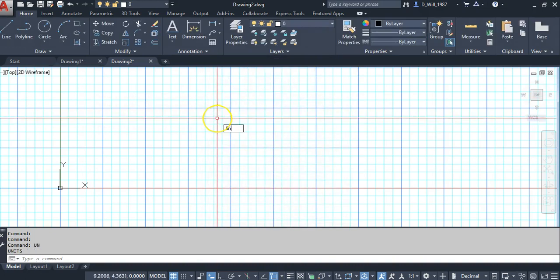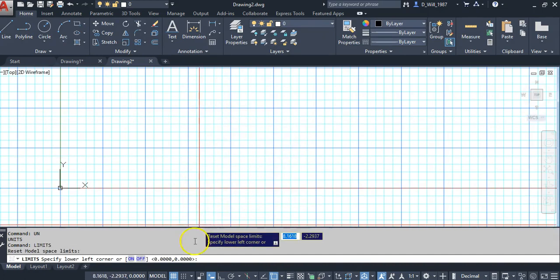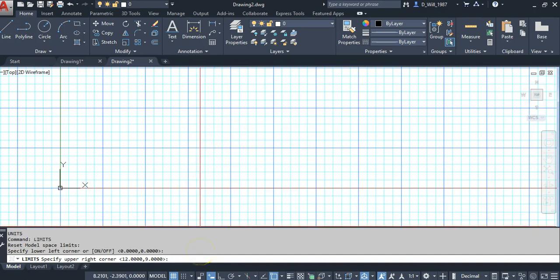Then the second thing you should do is you should set your limits. The bottom left corner is always 0, 0, and then the top right corner will be the limit that you specify.